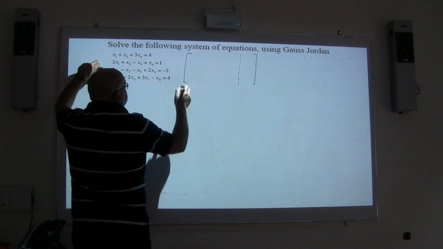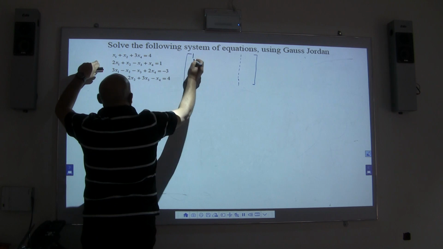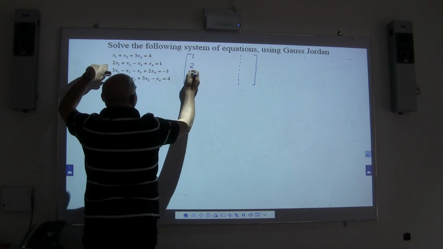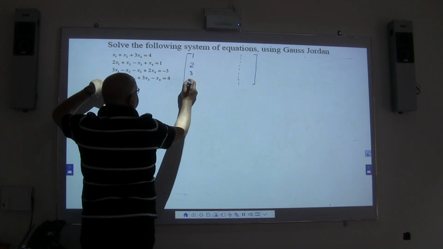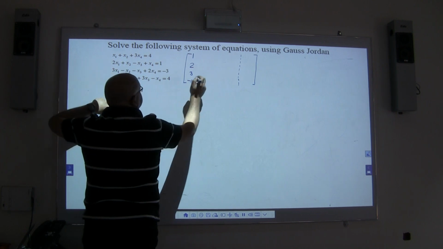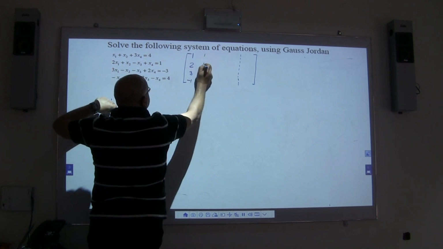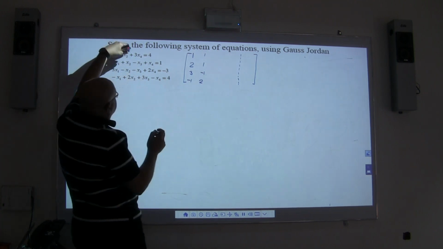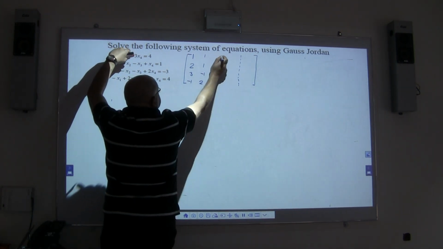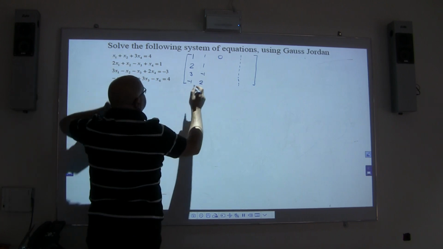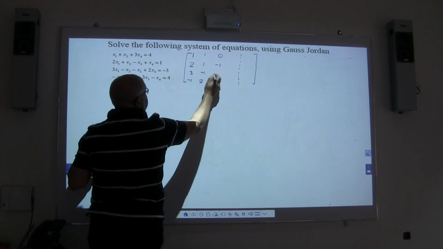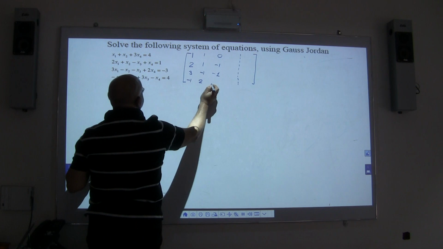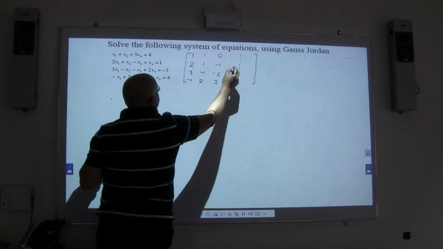I will try to put the coefficients. Please try to put them arranged 1, 2, 3. Look for the signs. Be sure they are arranged. Then 1, 1, -1, +2. Then remark here there is no x3, so I will reserve its place with a 0. Then you will have -1. Then it is 3.